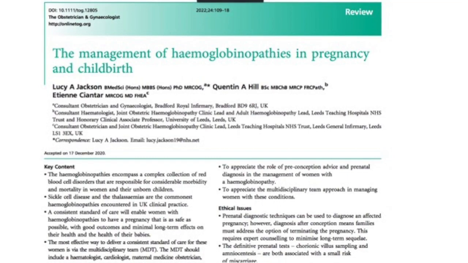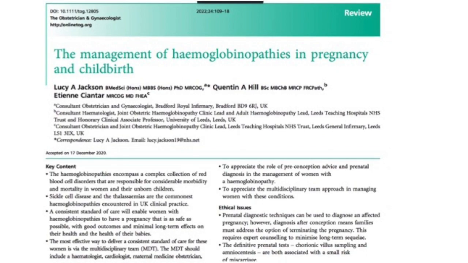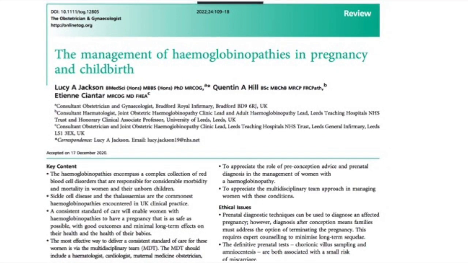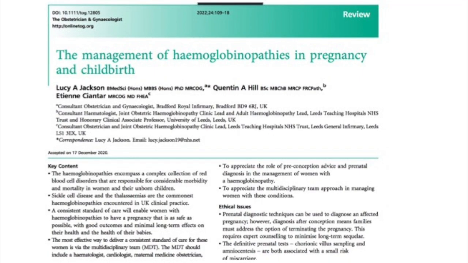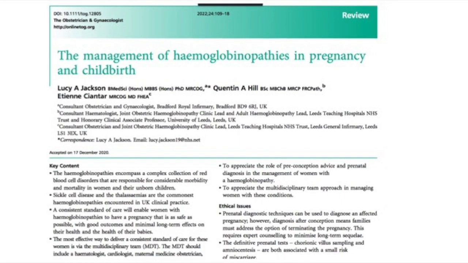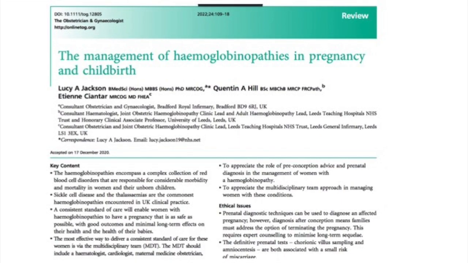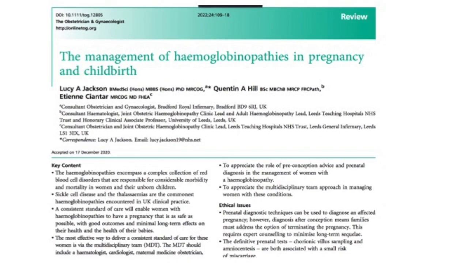A consistent standard of care will enable women with hemoglobinopathies to have a pregnancy that is as safe as possible, with good outcomes and minimal long-term effects on their health and the health of the babies. The most effective way to deliver a consistent standard of care for these women is via the MDT.